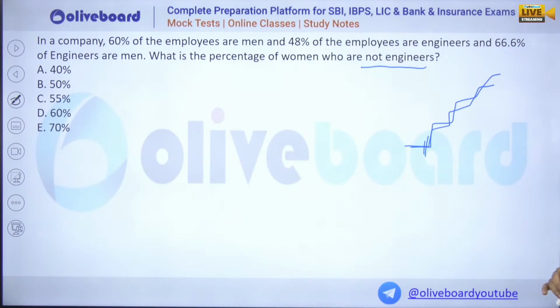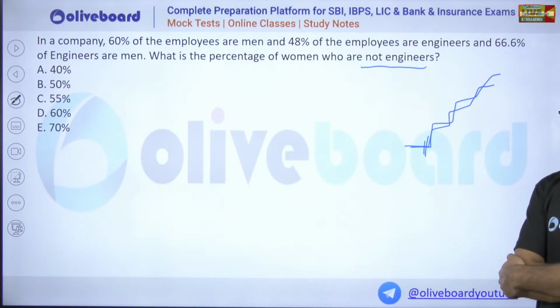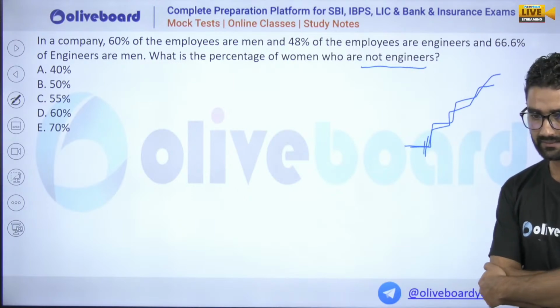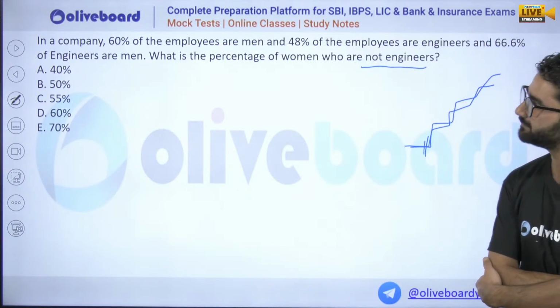Okay. Now 60 percentile sum for you. Selvi. Good.